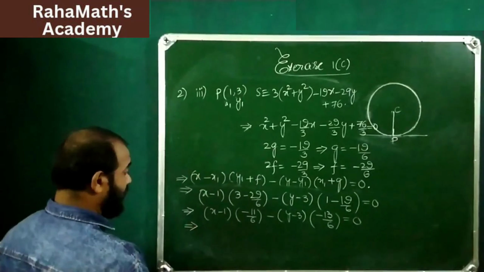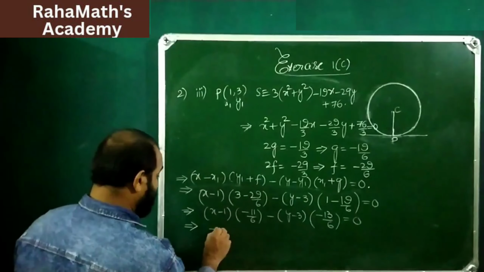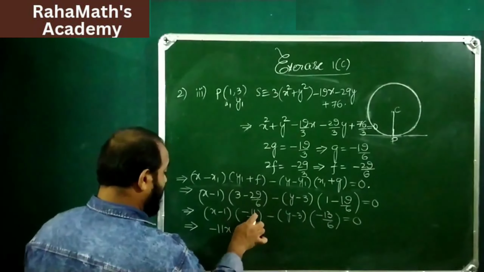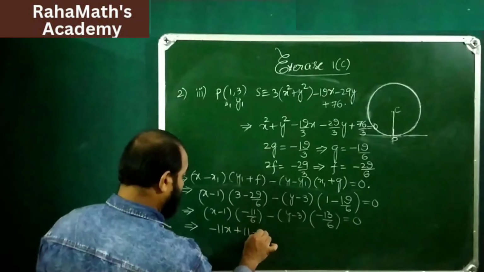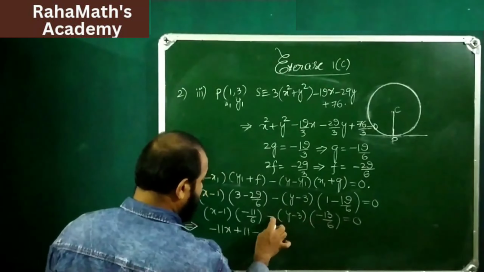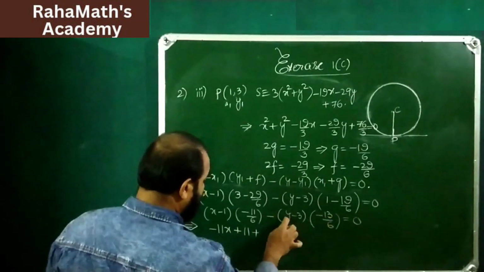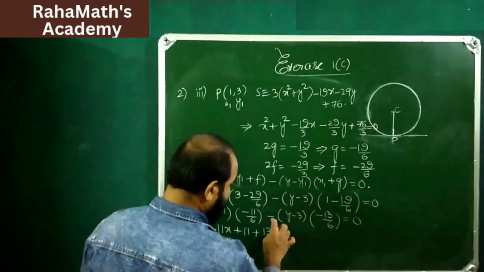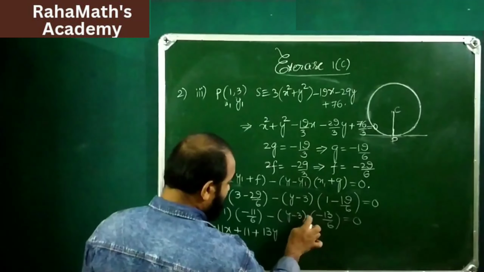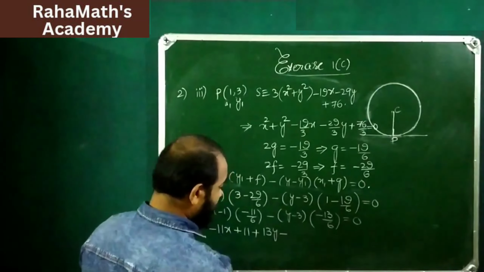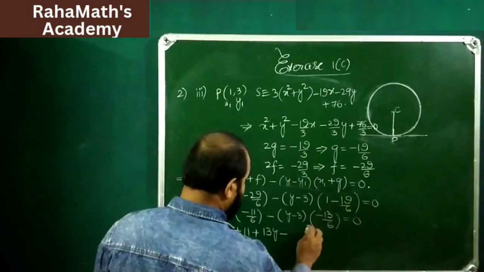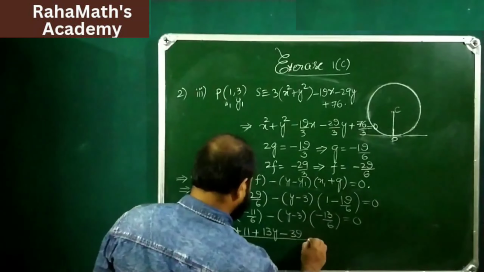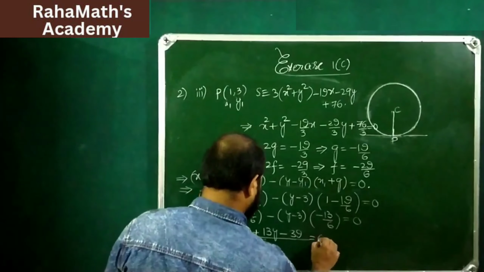That implies minus 11x plus 11, plus 13y, minus 3 13s are 39, whole by 6 equals 0.